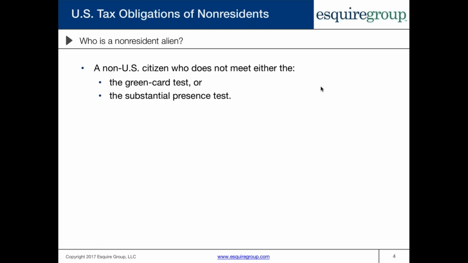So if the total of all the days in 2017, a third of the days of 2016, and a sixth of the days of 2015 equaled 183 days or more, then that person would have met the substantial presence test. So a non-resident alien is somebody who is not a United States citizen, does not meet the green card test, and does not meet the substantial presence test.